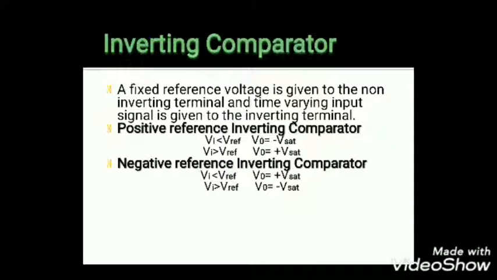The outputs are negative saturation and positive saturation when the input is less than the reference voltage and greater than the reference voltage. In the same manner, if the negative reference voltage is applied to the non-inverting terminal and the time varying signal is applied to the inverting terminal, then the outputs are positive saturation and negative saturation when the input is less than the reference voltage and greater than the reference voltage.